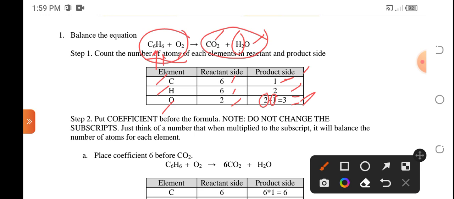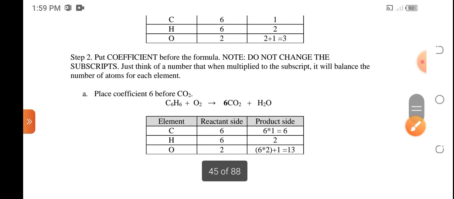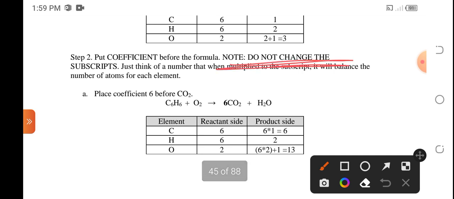So we have to put coefficients. Coefficients are written before each formula. Please do not change the subscript just to balance it. Again, we are not manipulating the subscript, otherwise you will be changing the identity of the substance.